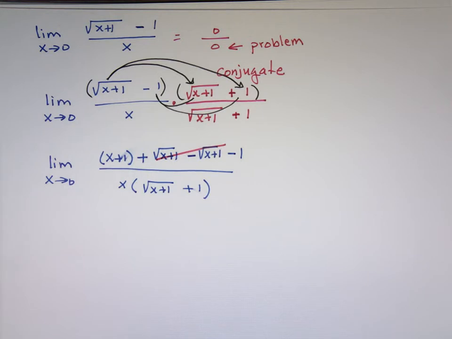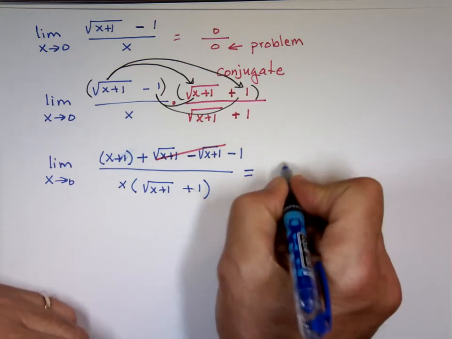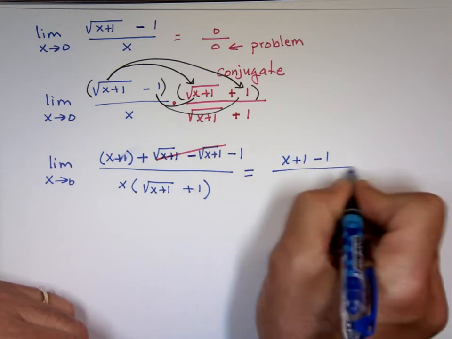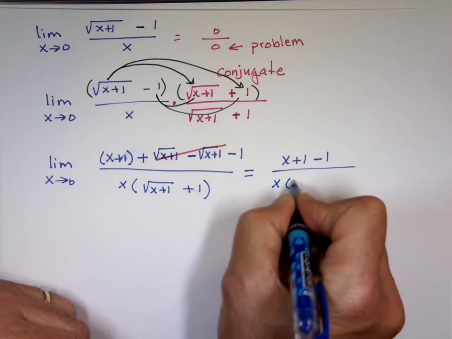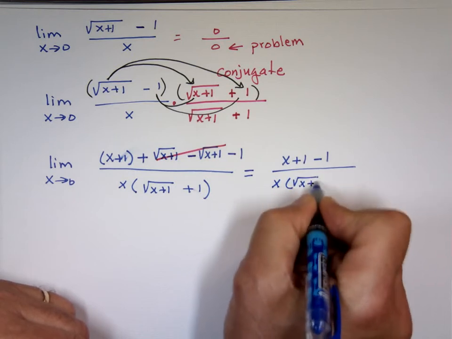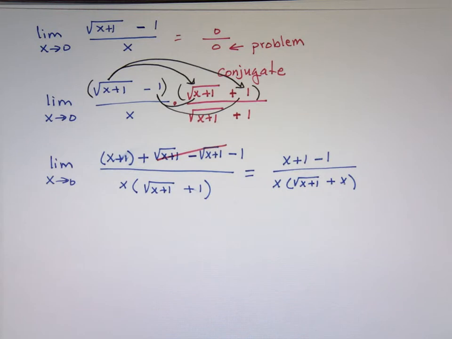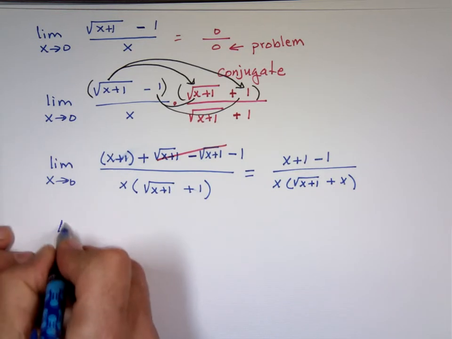It's going to be exactly the same thing, but opposite. So what is left on the top? You have x plus 1 minus 1 over the bottom. Can I simplify the top? This becomes the limit as x approaches 0.